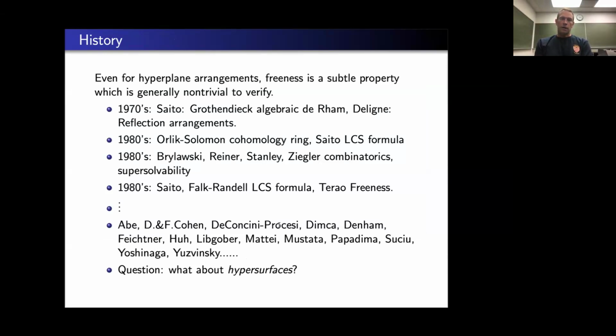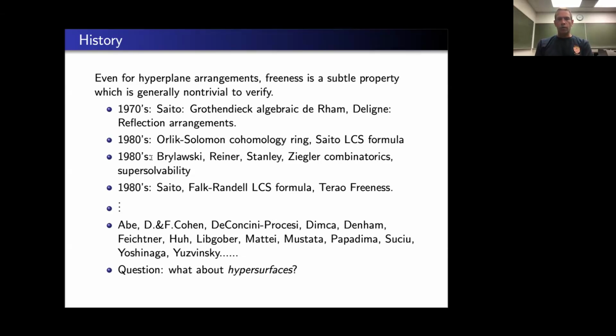And Deligne proved some results on reflection arrangements, so arrangements that come from the reflecting hyperplanes of some of the reflection groups. Then I mentioned this result of Orlik-Solomon, who proved a result on the cohomology ring. Sato, there's an LCS formula. This relates the fundamental group of the arrangement complement to the cohomology ring.